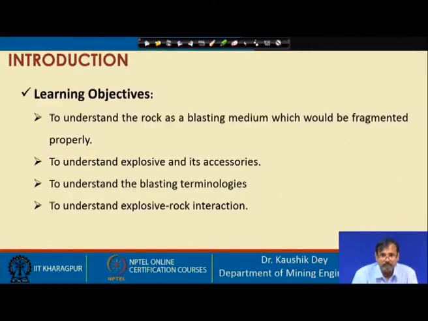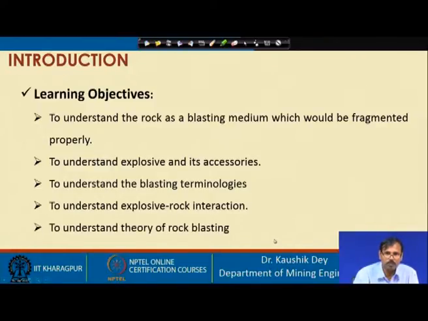That means the moment explosive generates the seismic waves, the mechanical wave, how that mechanical wave interacts with the rock, how it propagates, how it fragments the rock mass, and how the fragmented rock mass is dispersed or moved from the place. If explosive engineers are unable to understand this, then they cannot be considered competent persons. So, this is a very important objective of this course.